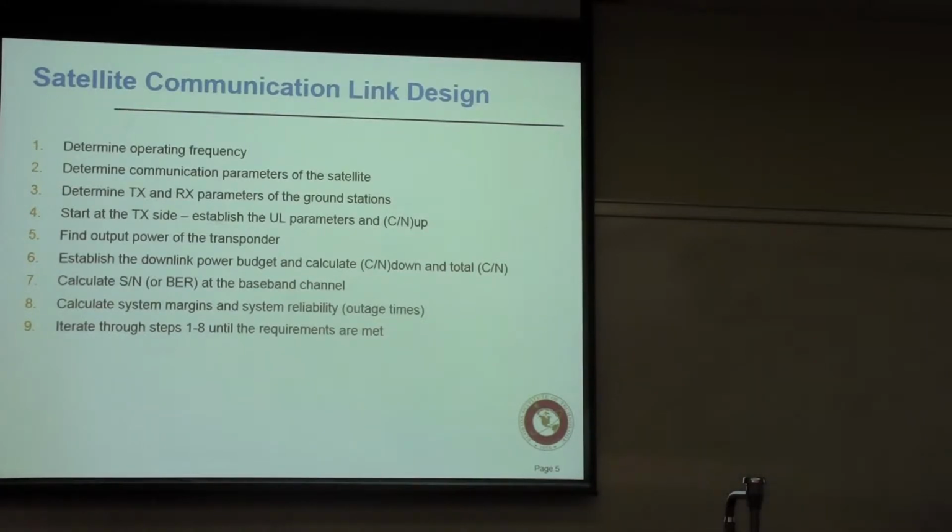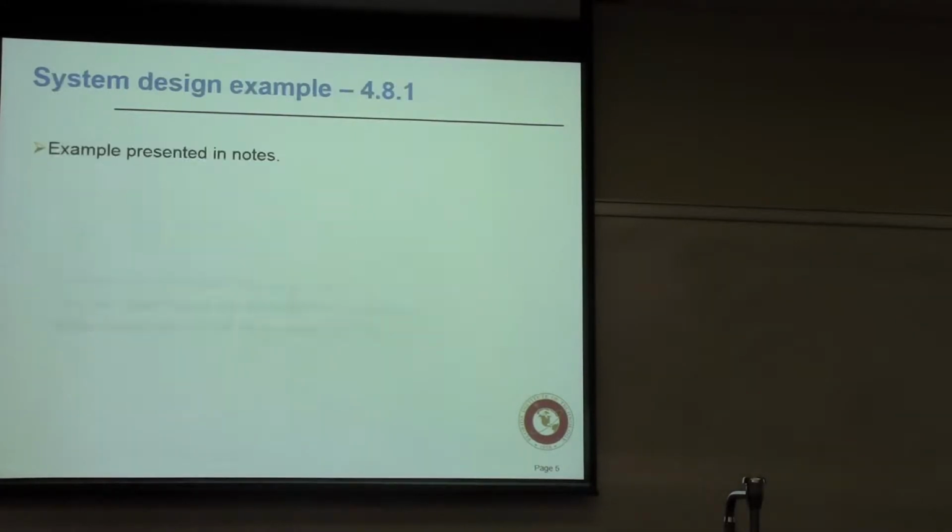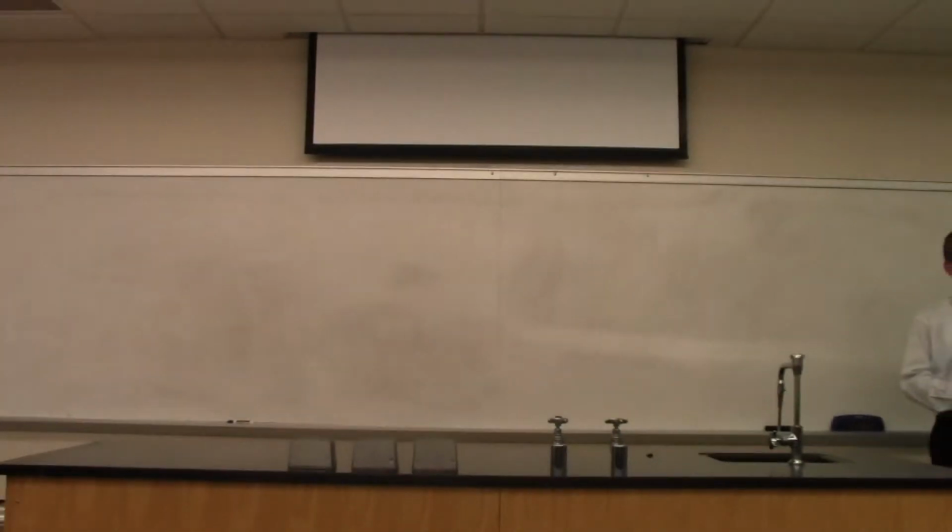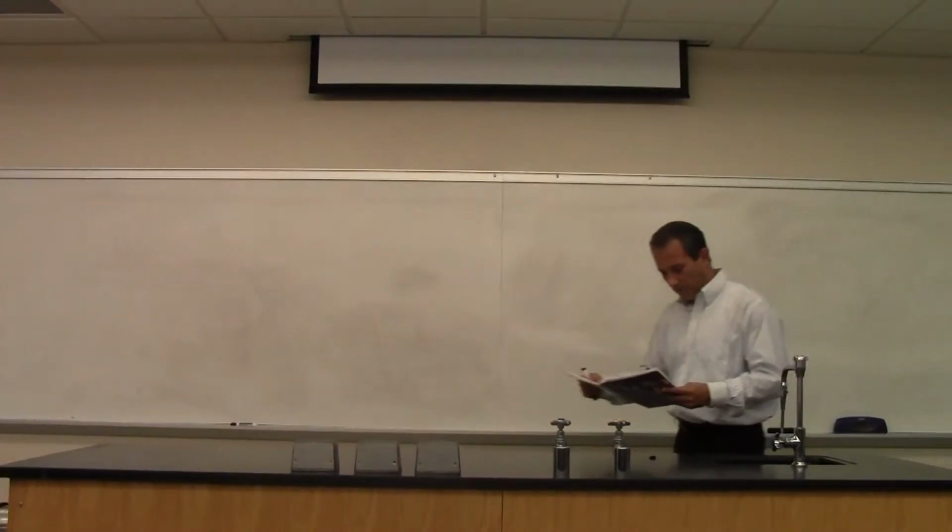So in the book you have a few more paragraphs on each one of these steps. What I'm going to do now is go through an example of a Ku band TV distribution system, go slowly through all of these steps, and make sure that we understand all the calculations involved.